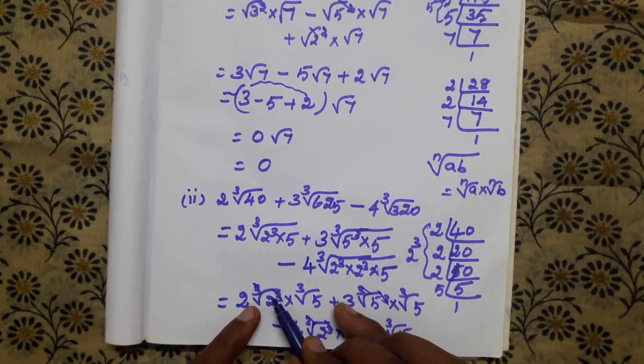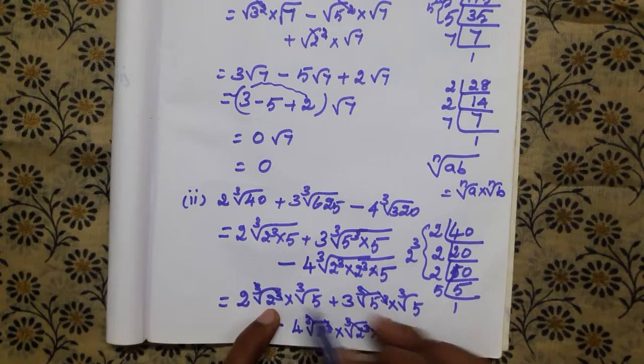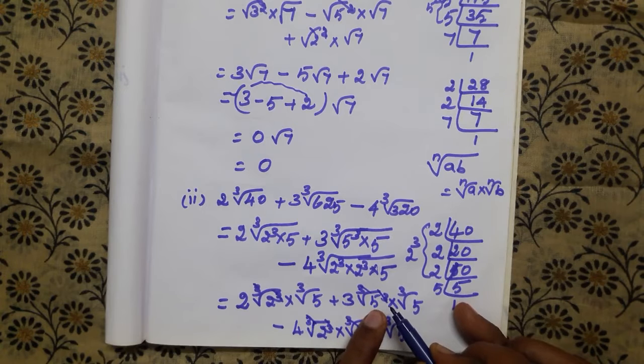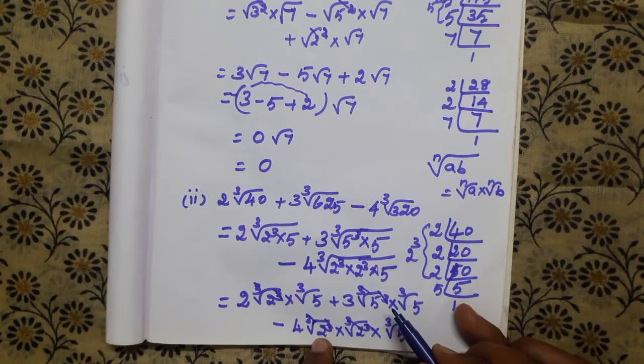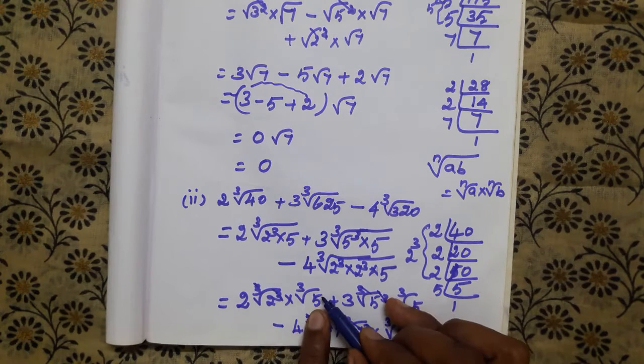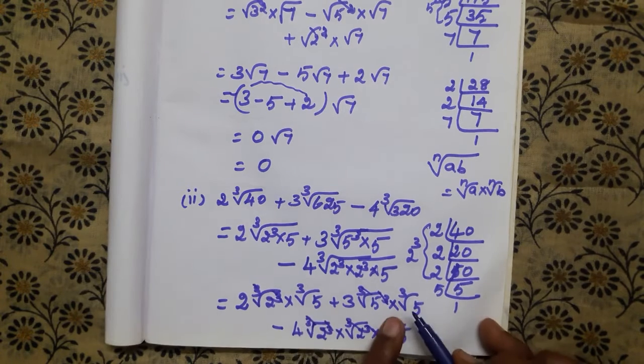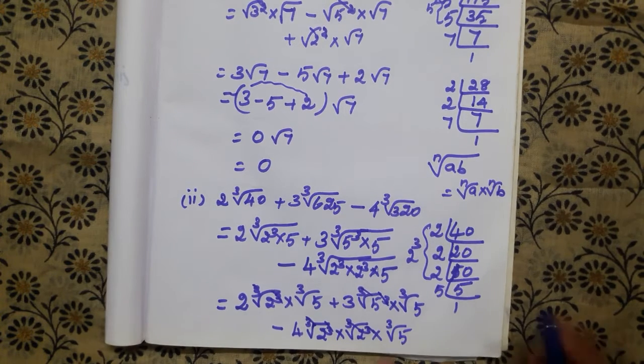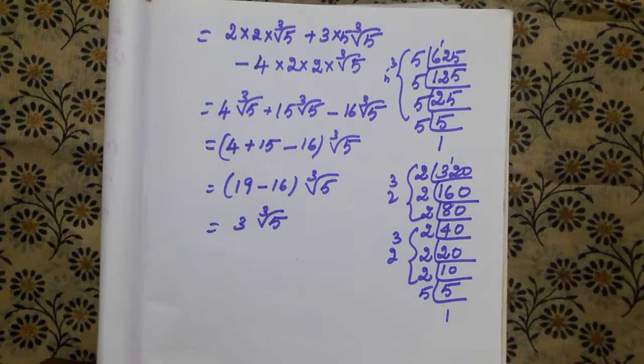Here the order and power are the same, so cube root of 2 cube is 2, cube root of 5 cube is 5, cube root of 2 cube is 2, cube root of 2 cube is 2. Here the order and power are not the same, so we write the same: cube root of 5, here also cube root of 5, here also cube root of 5.